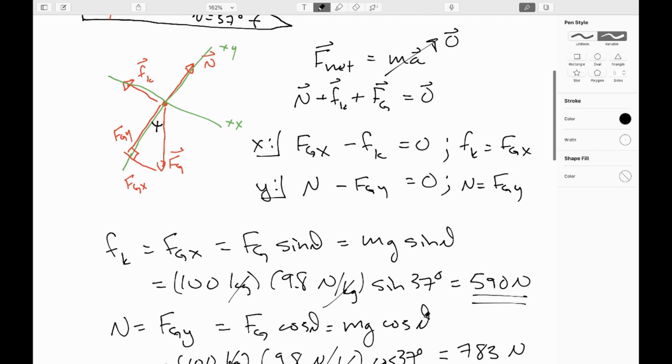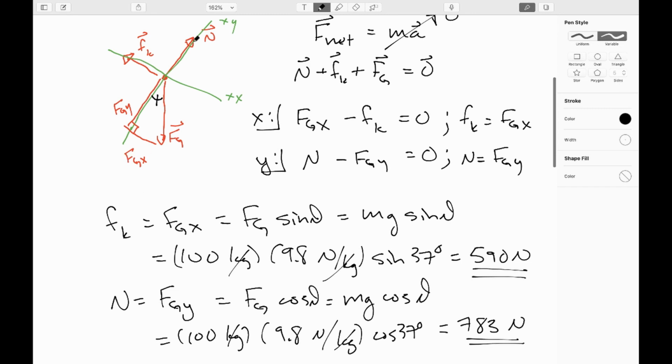So notice here that the normal force was less than the force of gravity on our skier. Our skier is 100 kilograms, so times 9.8 newtons per kilogram, the force of gravity on the skier is 980 newtons. And this is because the normal force is pushing perpendicular to the surface and pushes only hard enough to keep the skier from crashing through the snowpack.